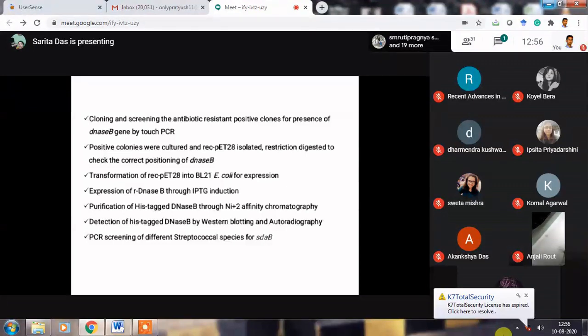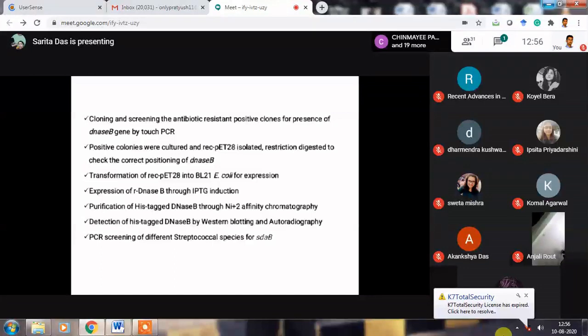So the E. coli cells break open and release the protein, and then the protein is passed through the nickel sepharose affinity column. This technique is called immobilized metal affinity chromatography.